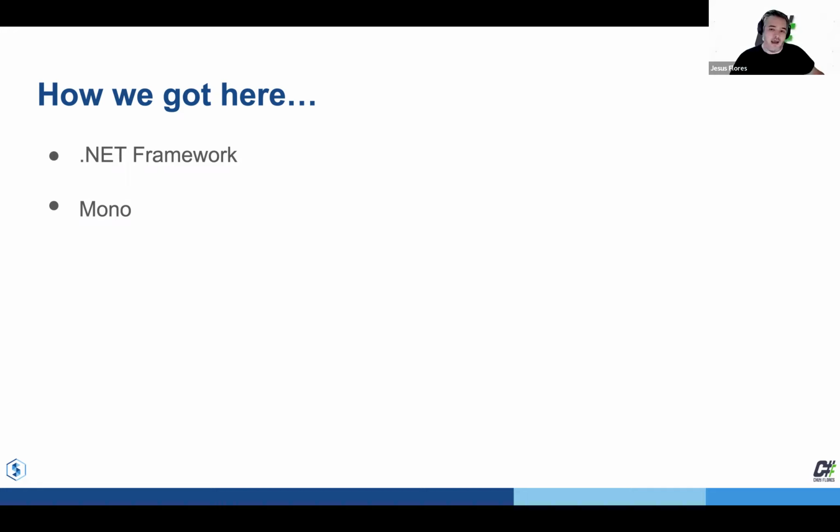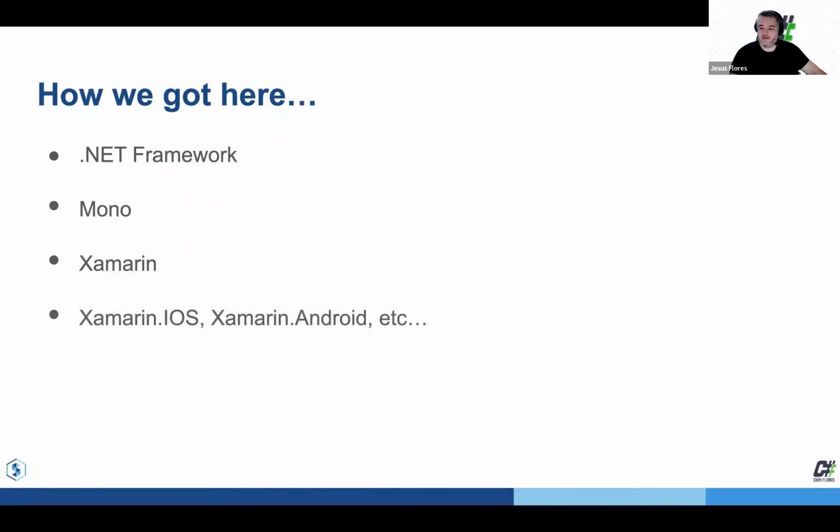And then after that, he and some other people founded Xamarin. With Xamarin, they started creating this framework so it could be executed on mobile devices like iOS or Android. But with that, you had to create one project per device, and each project had its own UI.